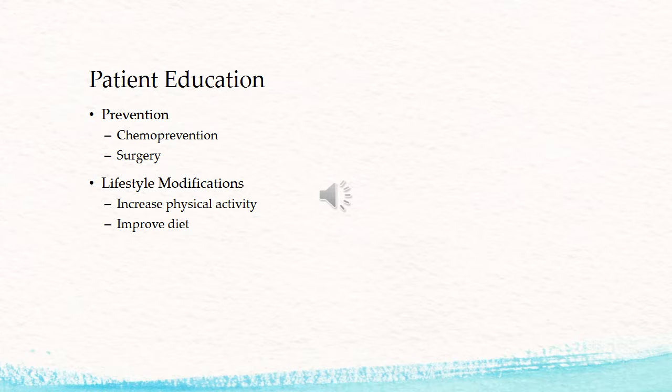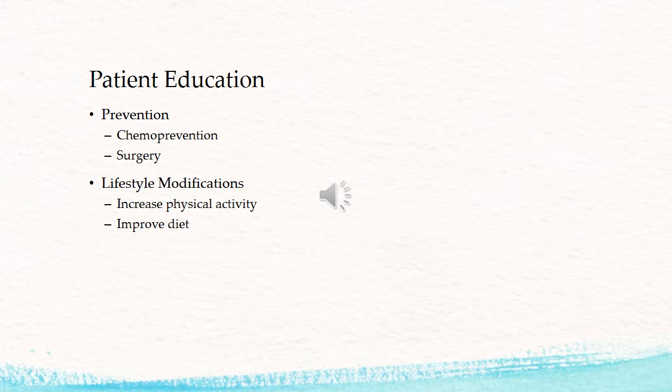Prevention options for Mrs. Blake include chemoprevention with tamoxifen, and we also discussed surgical options of a bilateral mastectomy with hysterectomy. Lifestyle modifications that we chose to focus in on for her were increasing her physical activity and also improving her diet. Mrs. Blake is currently a non-smoker and does not regularly drink alcohol, so those lifestyle aspects do not need to be addressed.